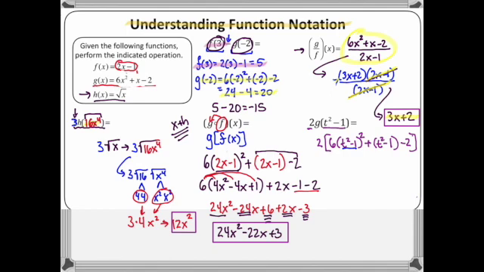And so when I FOIL that out, that's going to give me t to the 4th minus 2t squared plus 1.